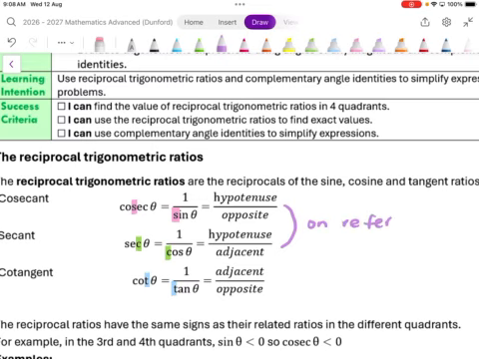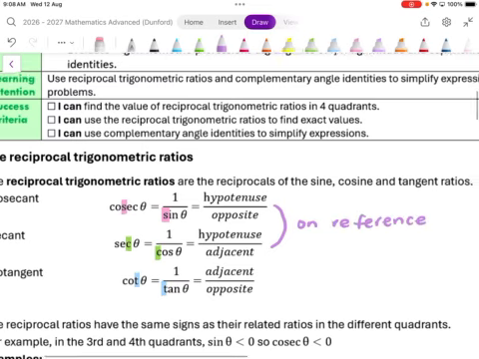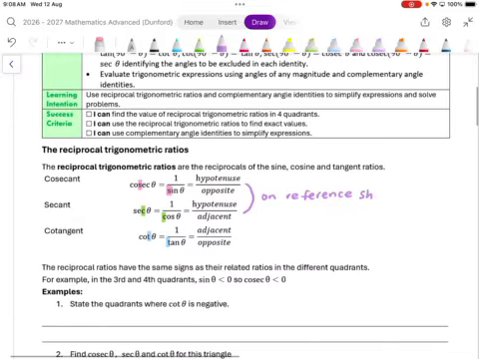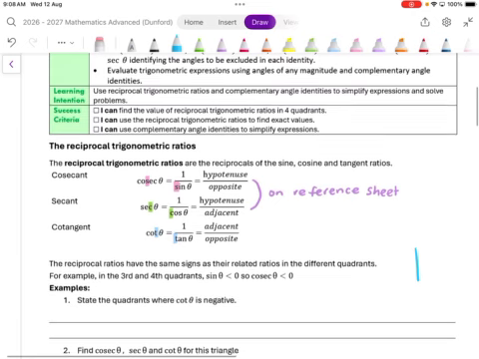Okay, so what do we do with this on the reference sheet? The reciprocal ratios have the same sign in our all stations to central unit circle as their related ratios. So, for example, in our third and fourth quadrants, we have that sine theta is less than 0 and that cosec theta is less than 0, okay?